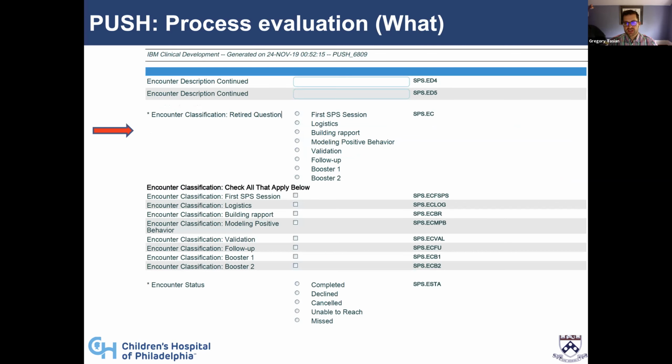Again, here are some of the more qualitative aspects of how the encounter was classified. Is it building rapport? Is it going over the logistics of how they're going to implement the study? Are they providing validation of the participants' progress and identified solutions?